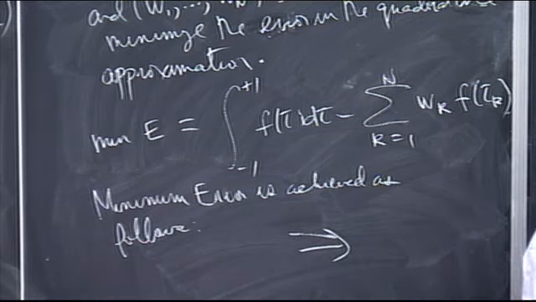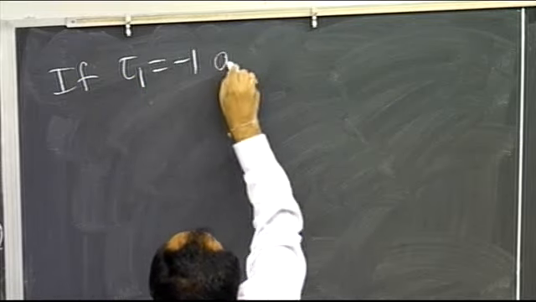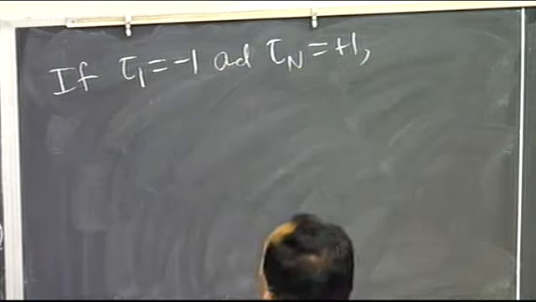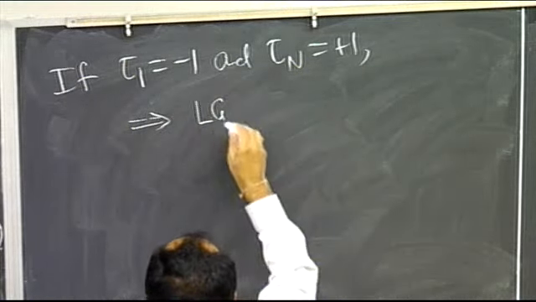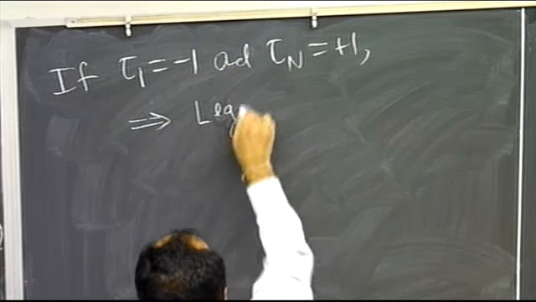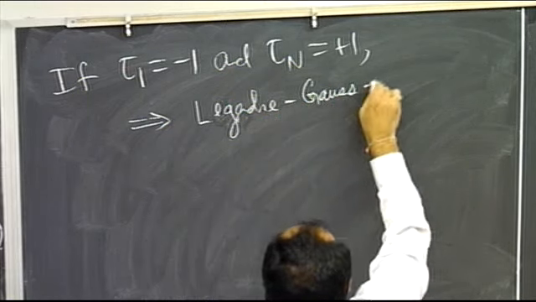So if tau 1 is equal to -1 and tau n is equal to +1, then the points we get are what are called the Legendre-Gauss-Lobatto points.